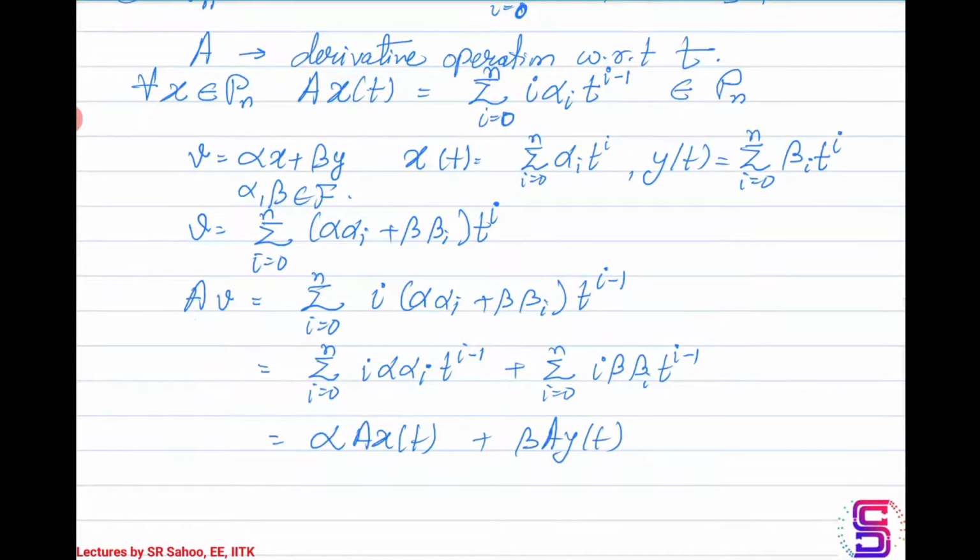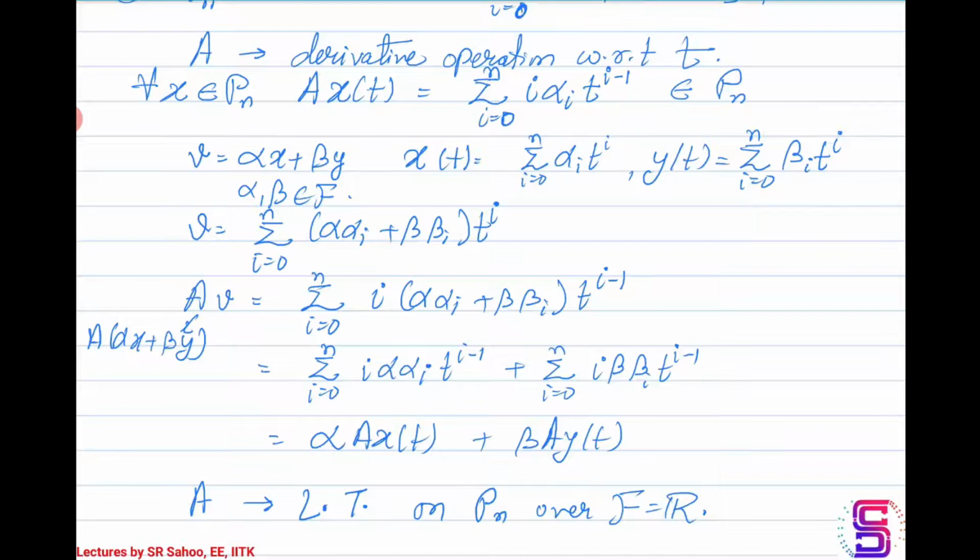So here you essentially started with A acting on alpha x plus beta y, and you ended up proving that this is equal to alpha Ax plus beta Ay. So the derivative operation is a linear transformation on the vector space Pn over the field of real numbers.